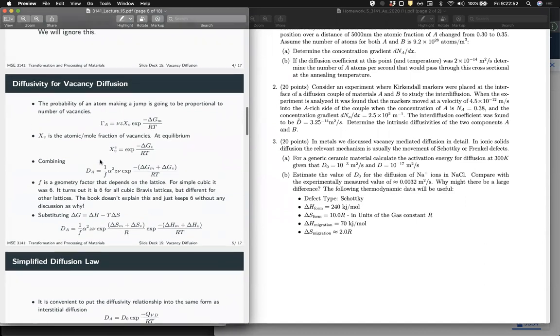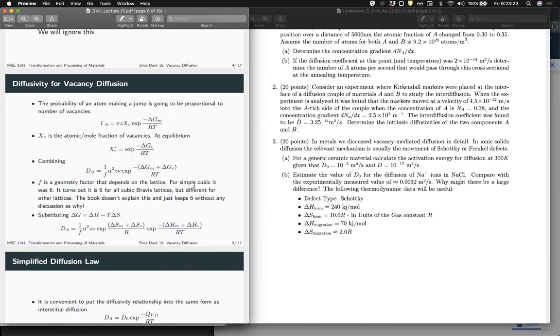Okay, so if we look here, this is for vacancy diffusion, but I'm asking you about the ionic compound sodium chloride, right? And so the relevant defect that mediates the diffusion is going to be a Schottky defect in this case, rather than a vacancy in a metal alloy, right?